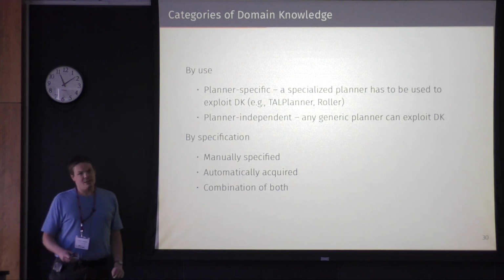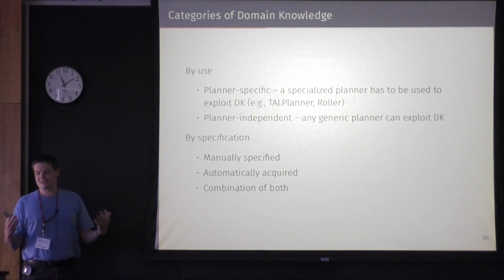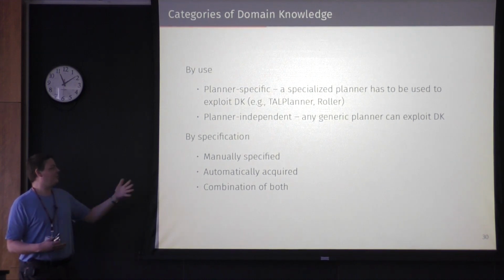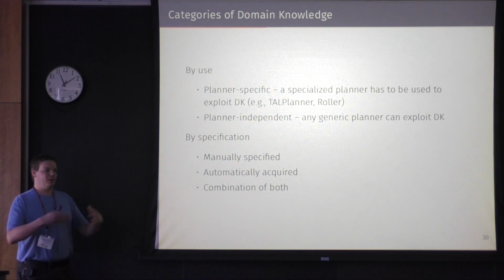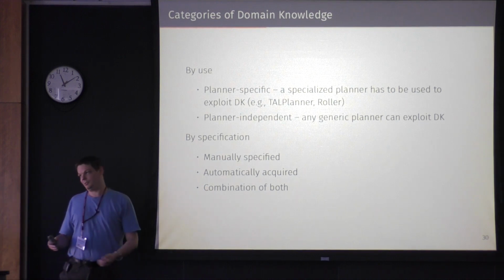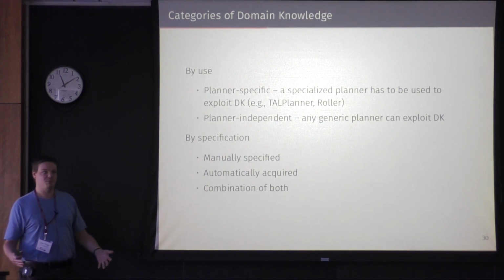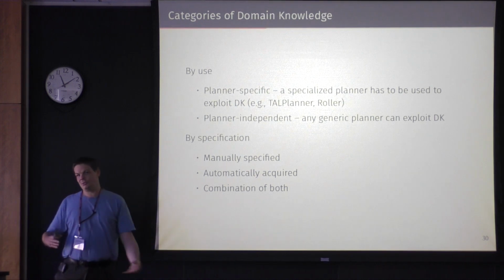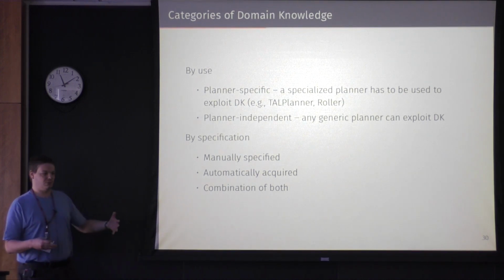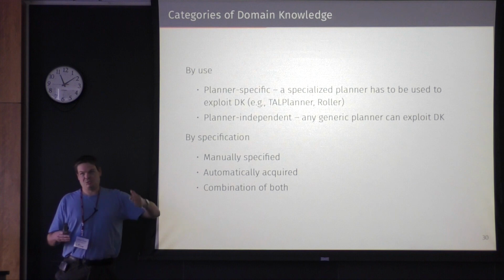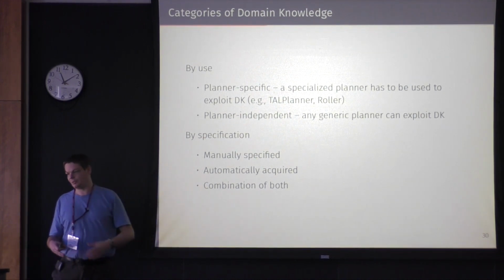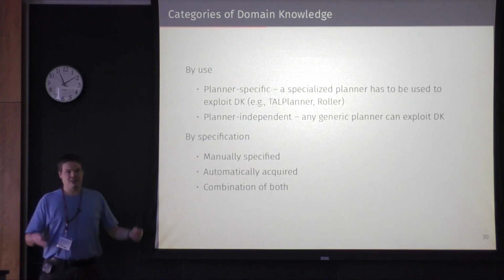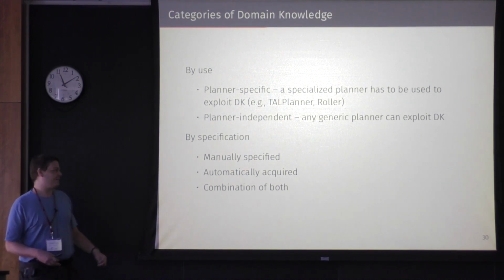Then basically we have a few ways to specify domain knowledge. We can do this by hand, which means that if we have some expert who knows about the domain, who knows how plans should look, the expert might specify, for instance, control rules or procedural knowledge, which I will explain later.